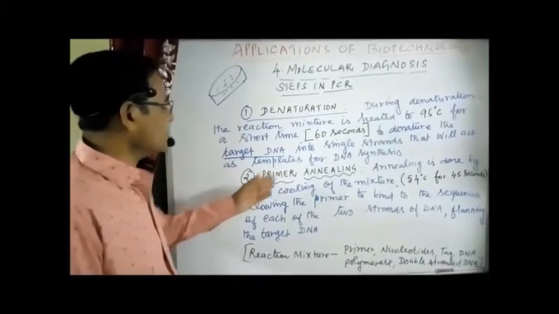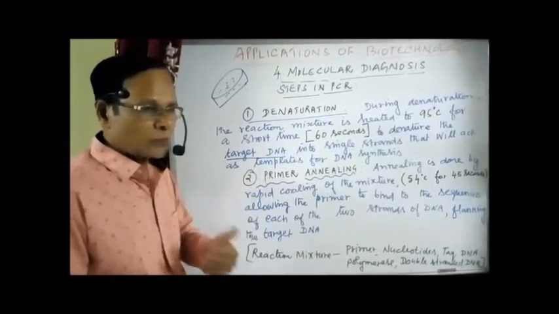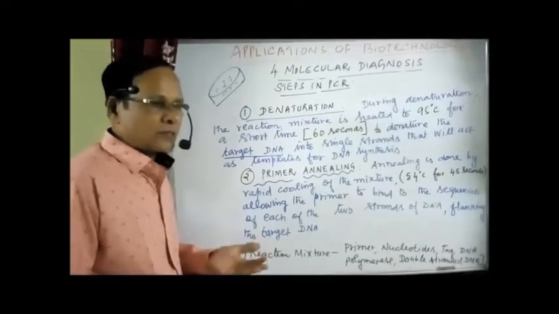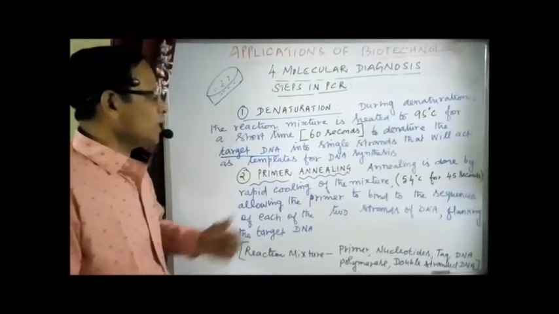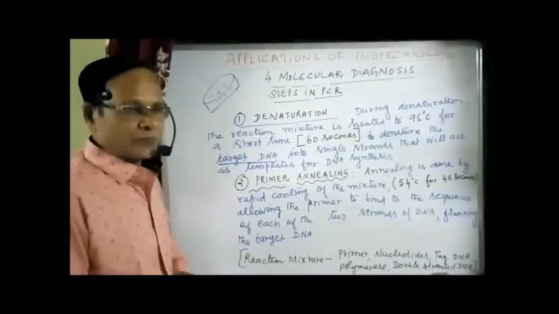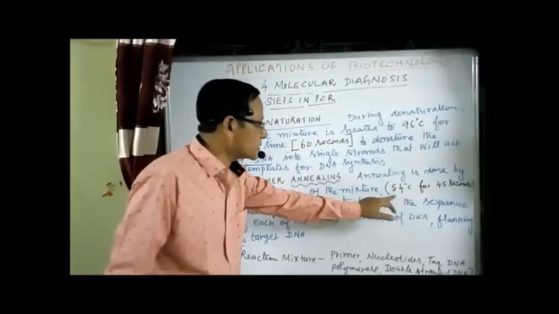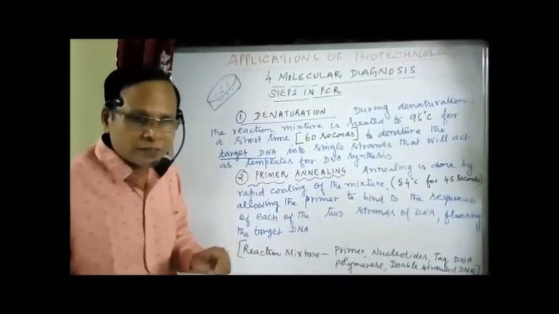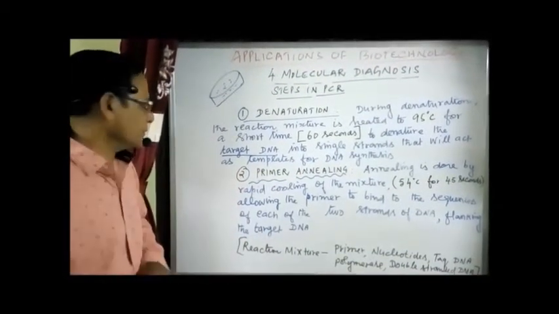Then the next step, primer annealing. Annealing means a sudden cooling process, which may sometimes result in melting. So annealing is done by rapid cooling of the mixture, from 95 degrees Celsius to 54 degrees Celsius, retained at that temperature for about 45 seconds, a short duration.